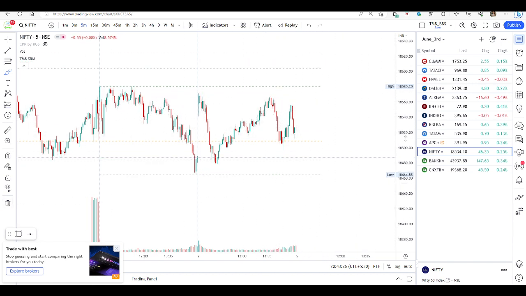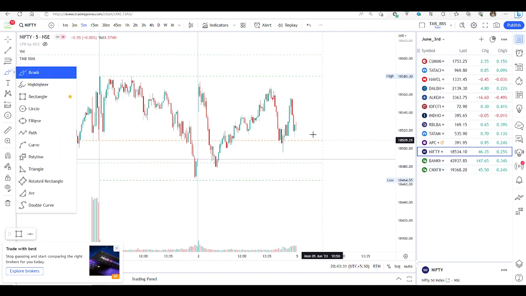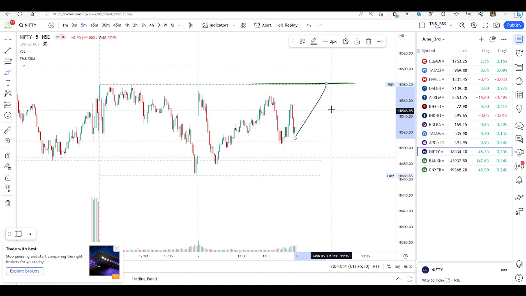If we take the trading opportunities, let's take the market opening here. If the market opens gap up, currently it closed at 18,530, around 580, a 50 point gap up, then we cannot look for any buying opportunity or any selling opportunity.